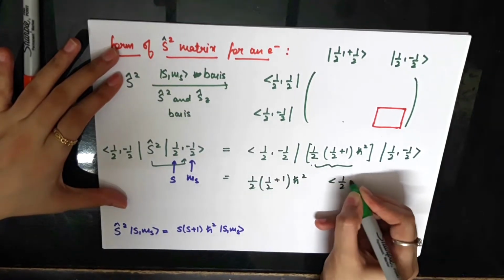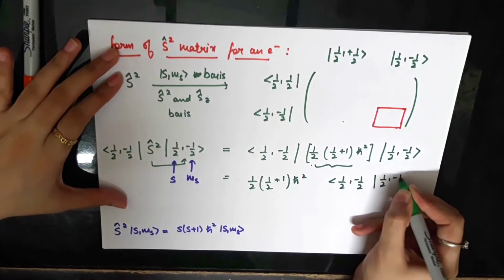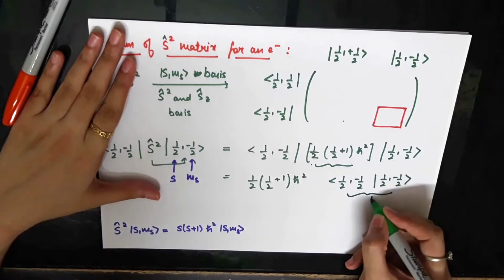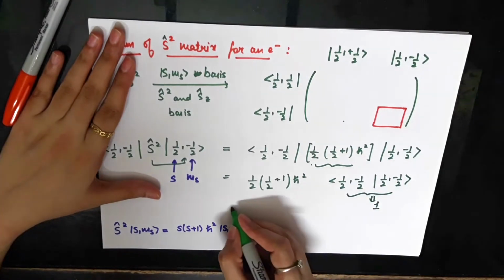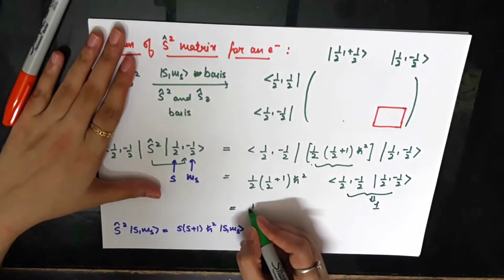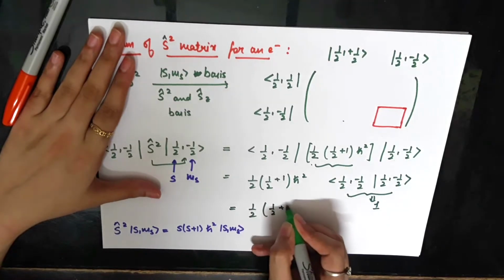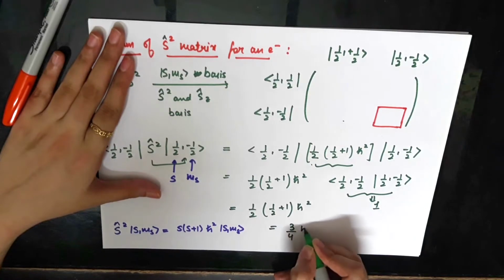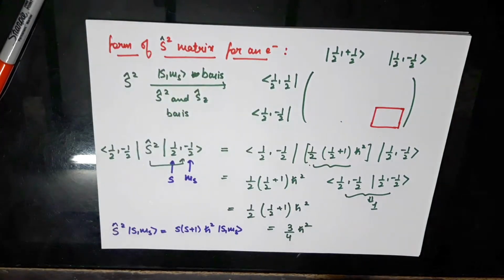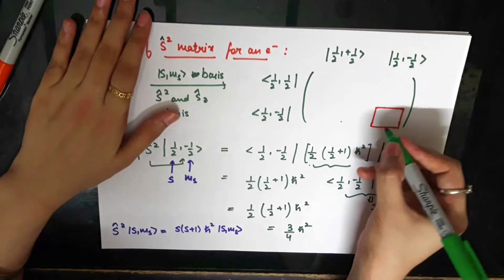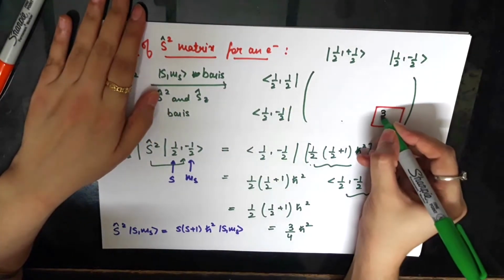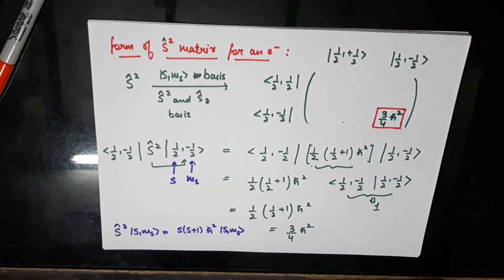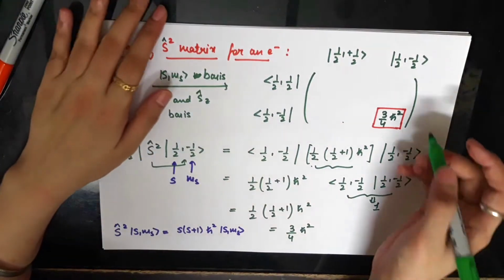I get half minus half inner product with itself, which gives me the number 1. So I am left with half into half plus 1 h bar squared, and this gives me 3 by 4 h bar squared. So this matrix element explicitly is 3 by 4 h bar squared, and this is exactly the eigenvalue that we computed earlier.